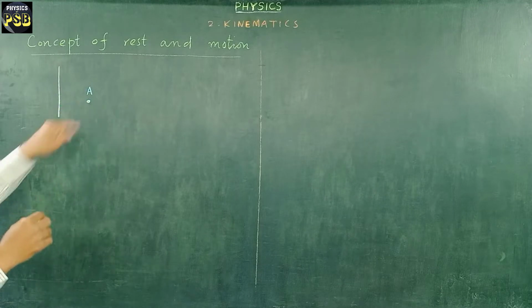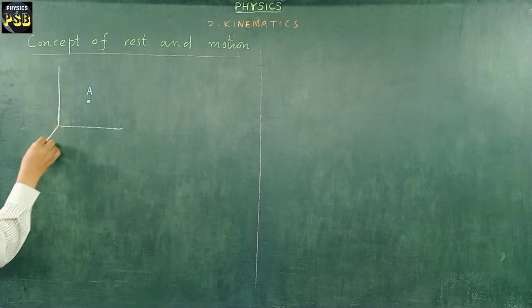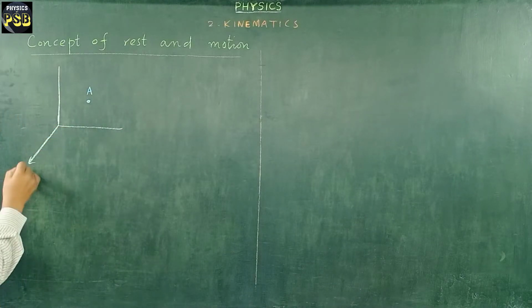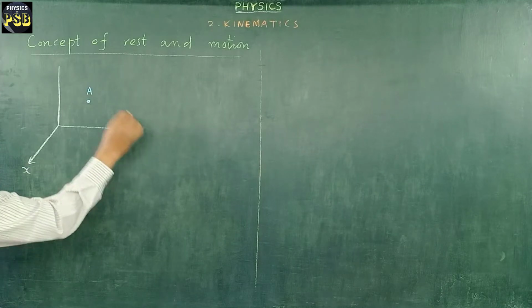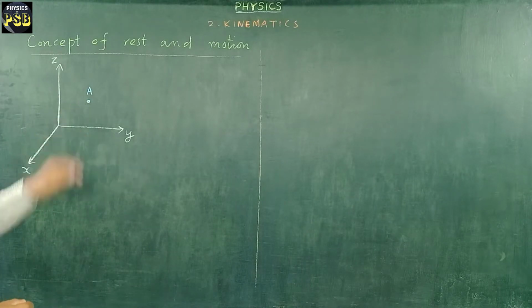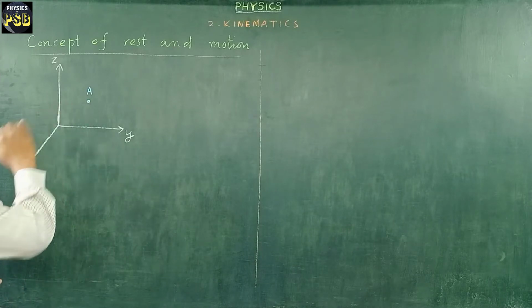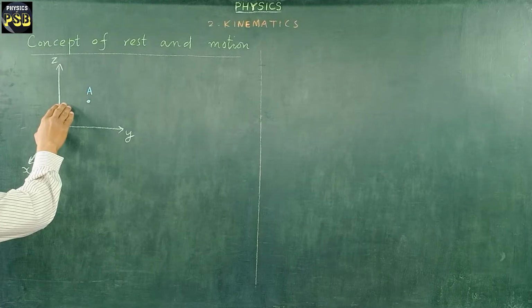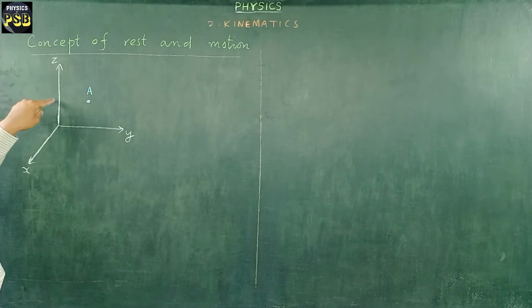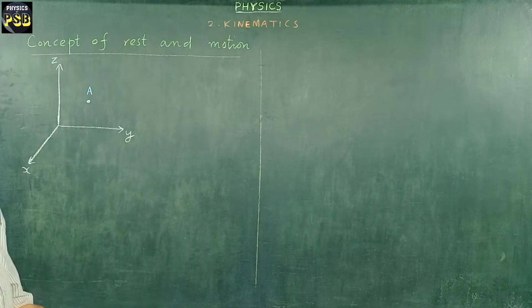If I draw a coordinate system which comprises x, y and z axes, then now I can easily give the position of this object A. I can say that object A is at a distance of 3 inches from the z axis and at a distance of 3 inches from the y axis.